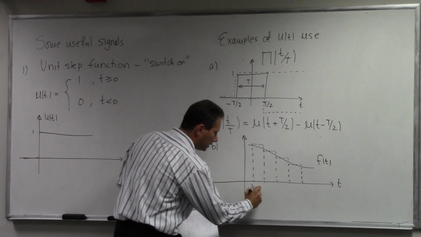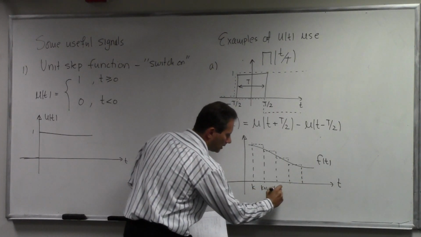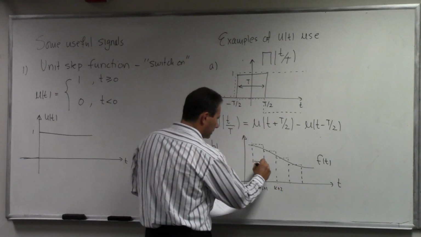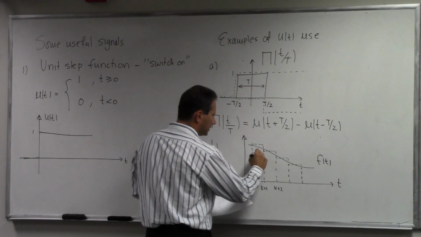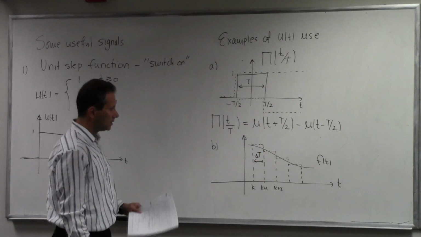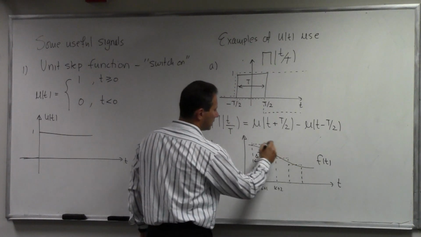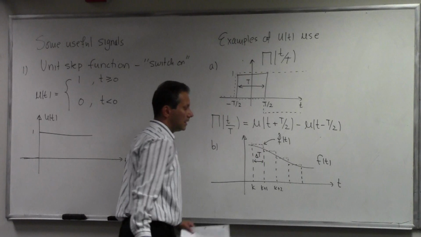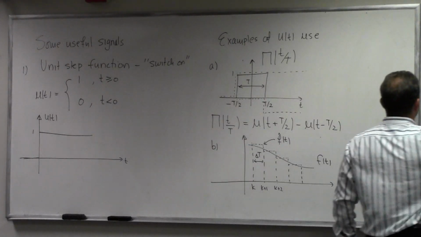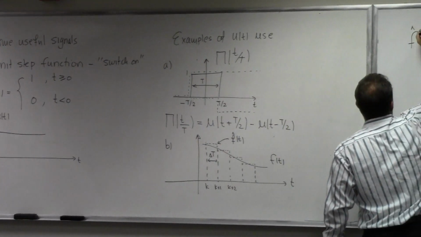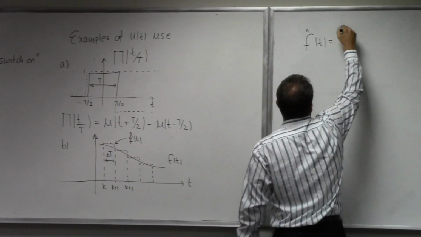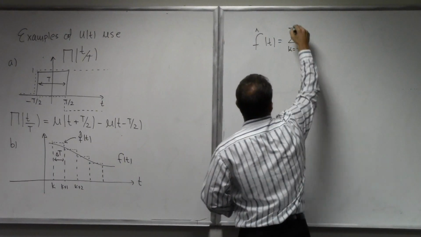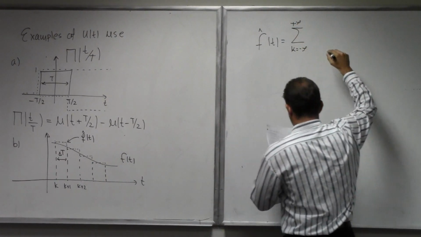This is k, k plus 1, k plus 2, and so on, and this is some delta t. So I can see this signal f(t) being approximated with this f hat(t). f hat(t) I can write as a sum when k goes from minus infinity to plus infinity.